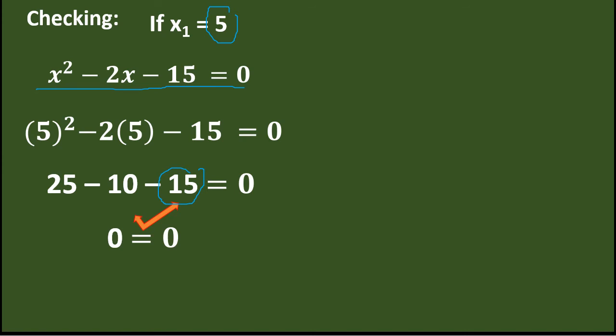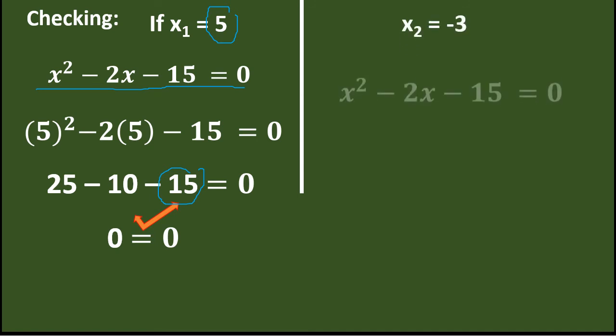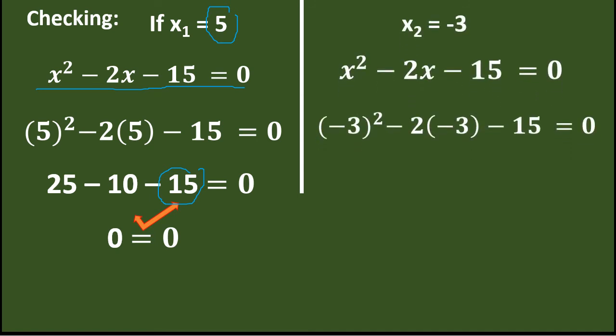X squared minus 2x minus 15 equals 0. What about x sub 2? Same process. X will become negative 3. So we have quantity negative 3, quantity squared, minus 2 times the quantity negative 3 minus 15 equals 0. So we have negative 3 squared, negative times negative positive, it will become positive 9.